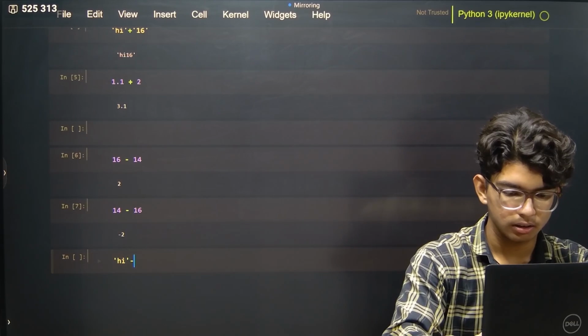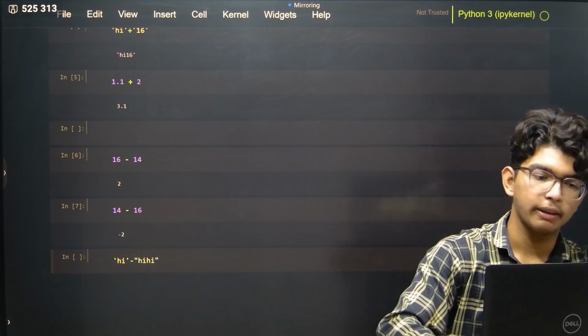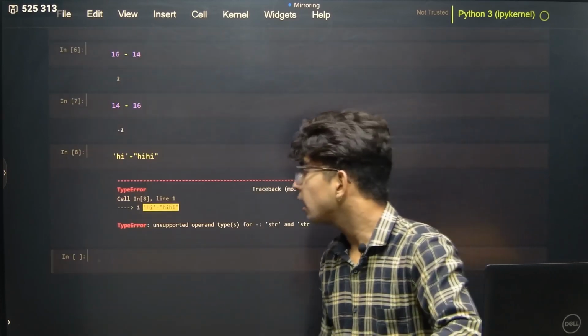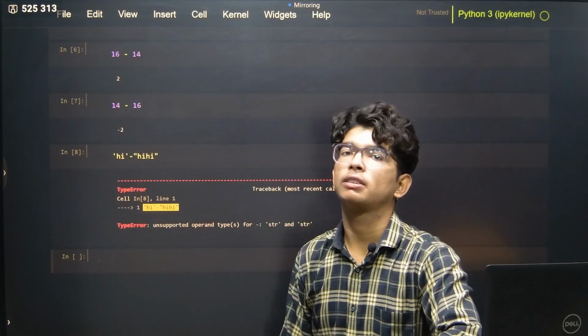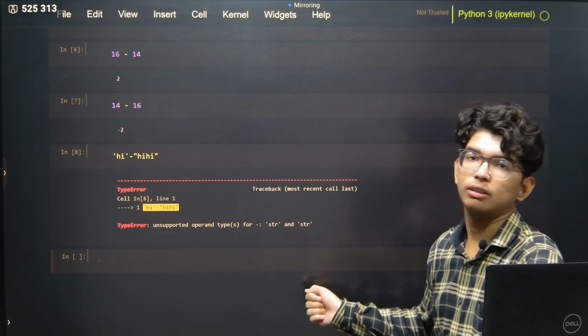Now if I do the same with strings, hi minus hi, let's get the answer. We got a different type error this time, which is unsupported operand type for a string.